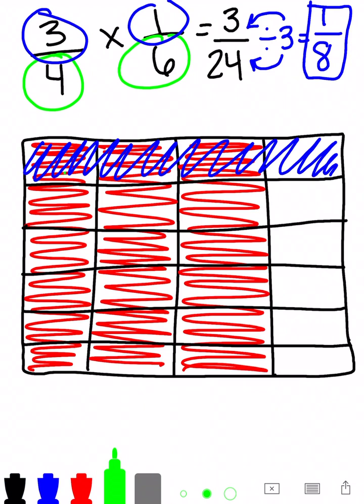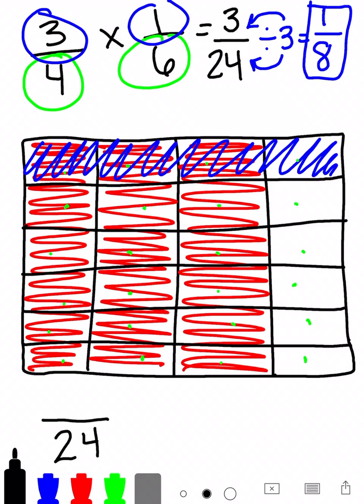Or you can just count the boxes. 1, 2, 3, 4, 5, 6, 7, 8, 9, 10, 11, 12, 13, 14, 15, 16, 17, 18, 19, 20, 21, 22, 23, and 24. Okay? So, 24 is the number we are going to put on the bottom half of our fraction. Okay? Because there are 24 total boxes.